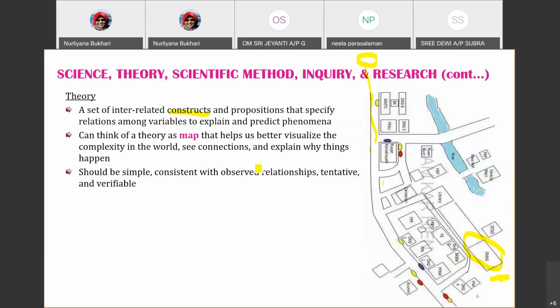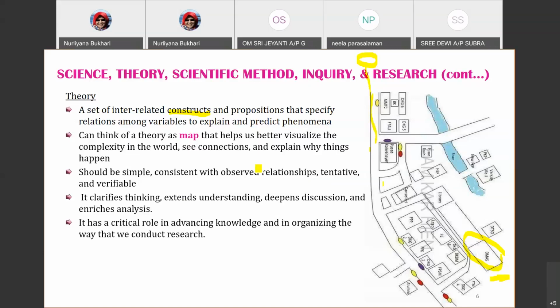I think teachers should know about this theory by heart. So that's one example of how a theory changes. It clarifies thinking and extends understanding, because when you have a theory or a map, it gives you direction. This is the core aspect: when we want to learn about a phenomenon, the theory explains this phenomenon well.